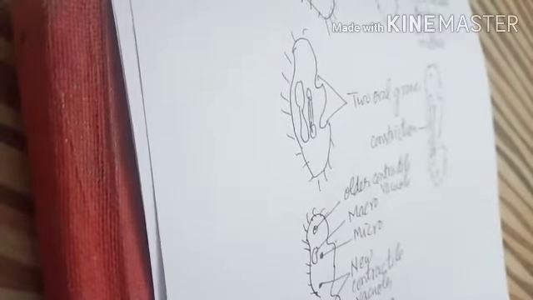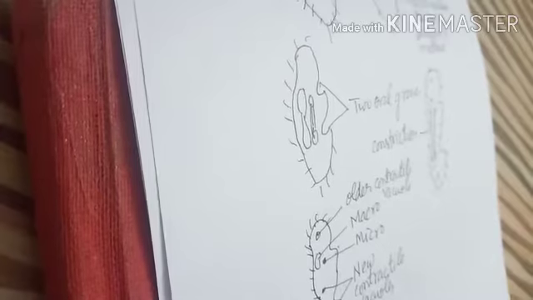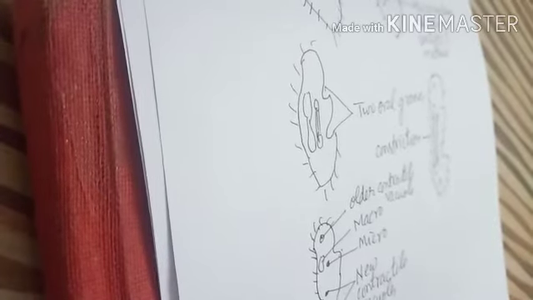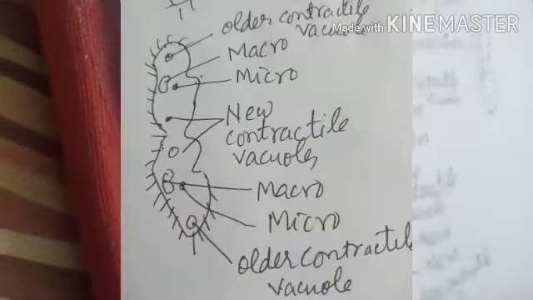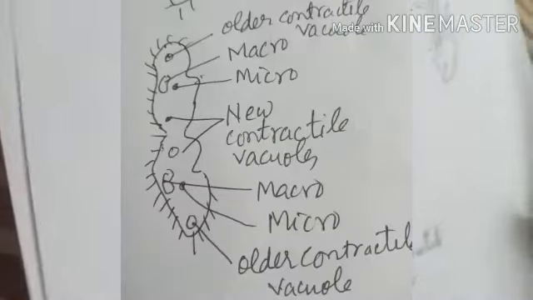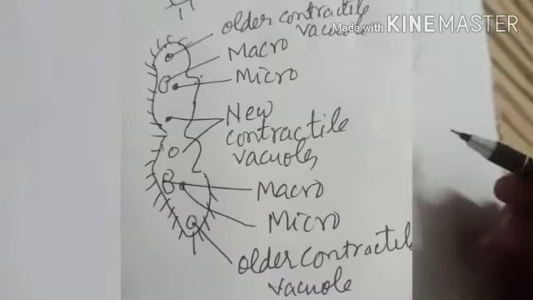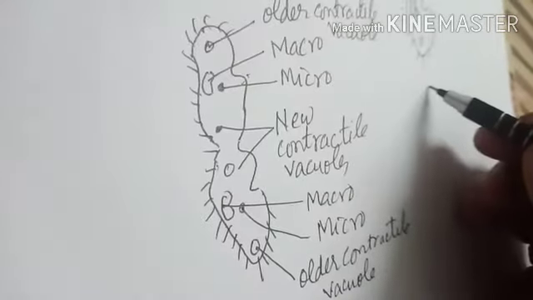This one is also an older contractile vacuole, and then ultimately it gets divided into two.